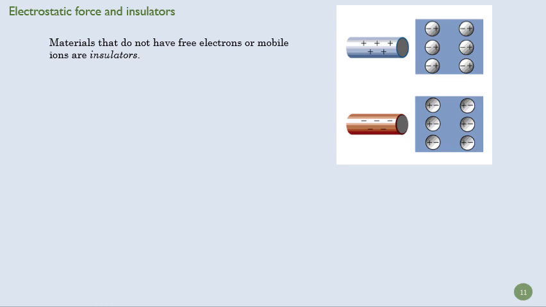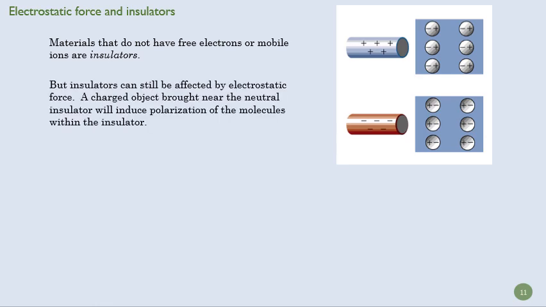Now, we can also talk about the electromagnetic or electrostatic force acting on insulators as well as conductors. They're not going to be as affected as a conductor might be. But as you can see over here, if this is our conductor or our insulator, an insulator doesn't have those free electrons that can move around and move over to this side of the container.